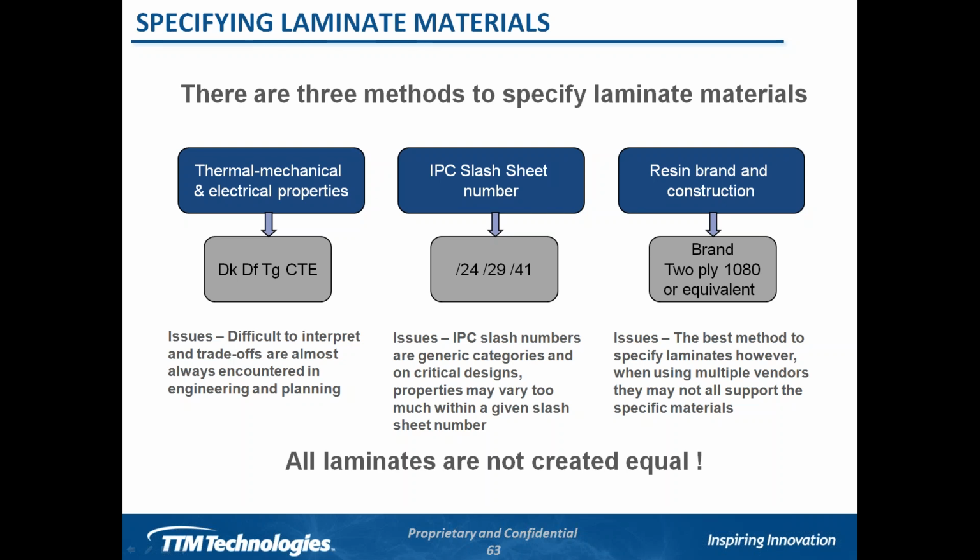Now, as a fabricator, we don't like that because it really ties us down. But from a design perspective, it may be your best bet to ensure that your design can be manufactured at different fabricators, at different locations, with a decent level of consistency in the final product. So option number 3, great for you guys, not great for us.